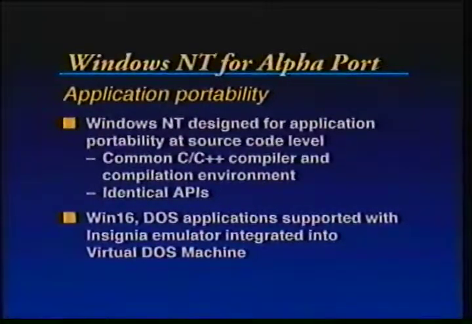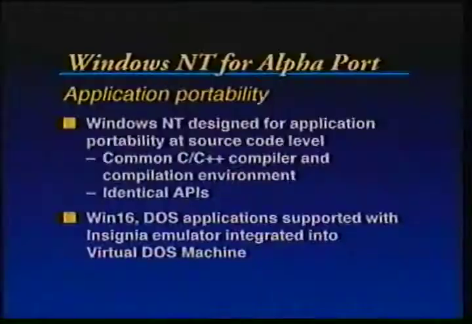Now, the first release of the Alpha compiler was actually based on our OSF/1 compiler, but since then, Microsoft and Digital have been working together to move Microsoft's C7 C and C++ compiler over to Alpha. And now that is available to our third-party partners who are developing Windows NT applications.